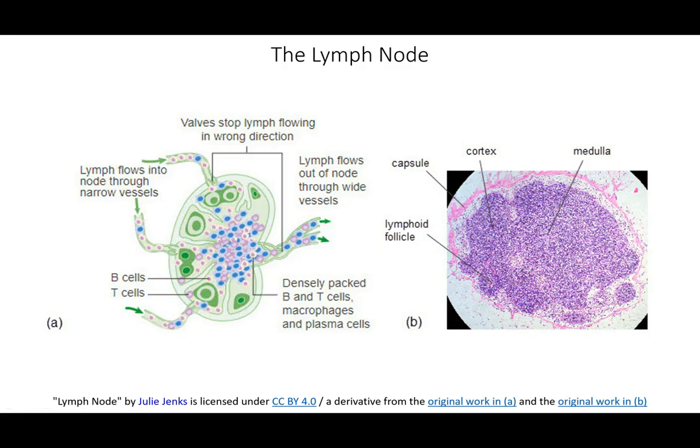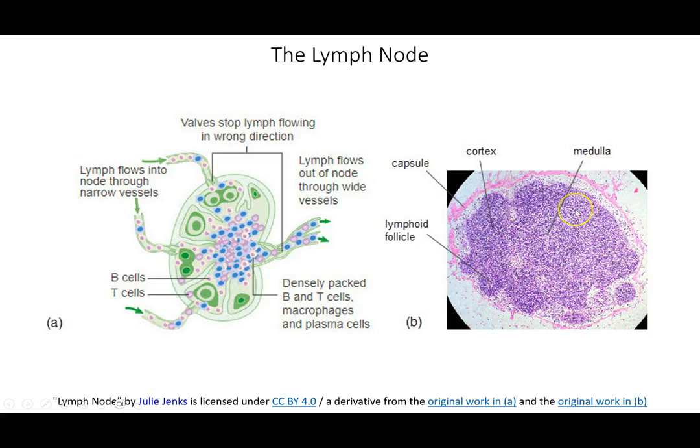We've also got those valves, again, very, very close to the actual lymph node and leaving the lymph node so that we're not getting backflow of that lymphatic fluid. And that's going to be our filter site. So we've got an actual tissue section over here of a lymph node. So that's what it looks like.